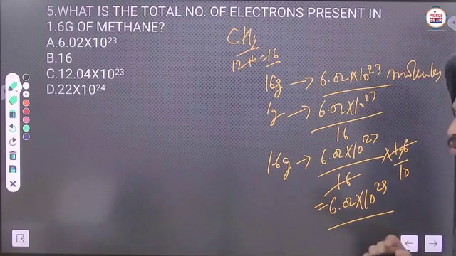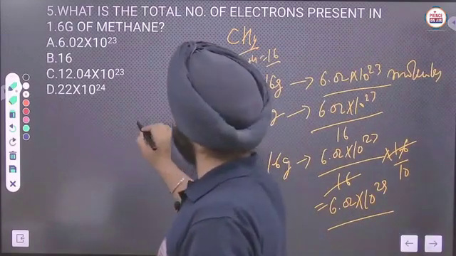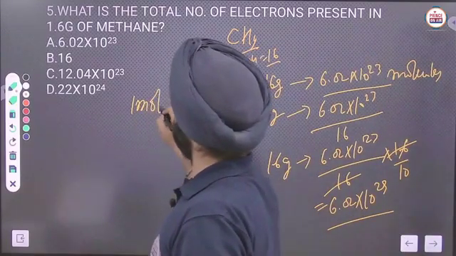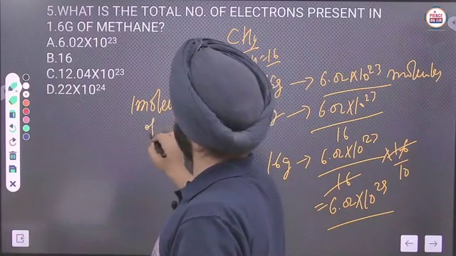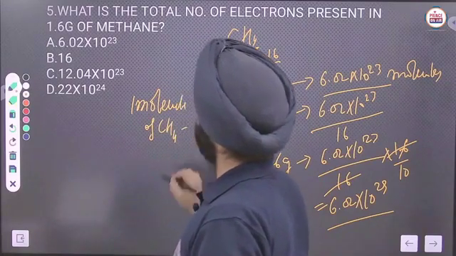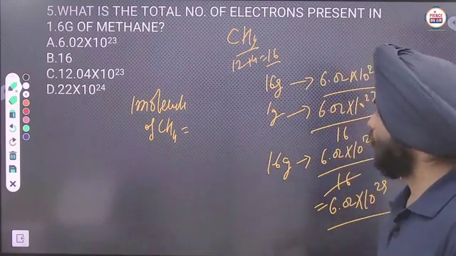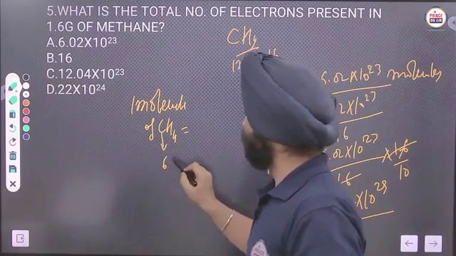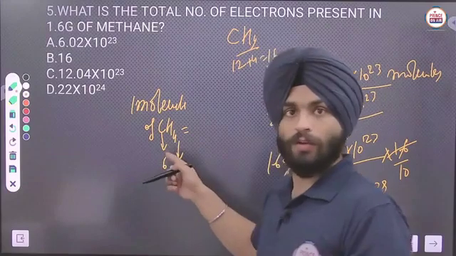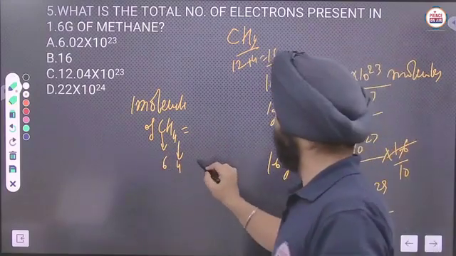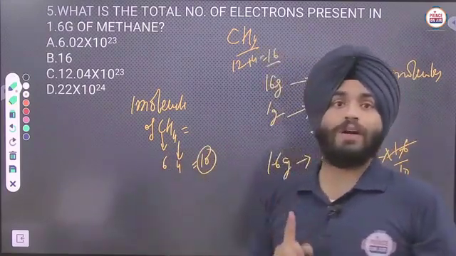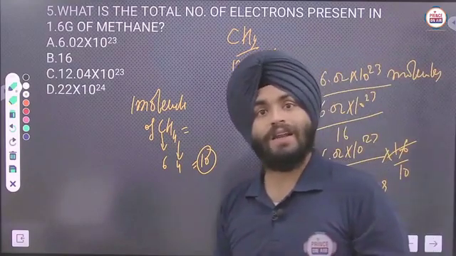Now all of you know that in one molecule of methane, how many electrons will be there? For carbon it will be 6, and for hydrogen it will be 4, each hydrogen containing 1. So it comes out to be 10. This means one molecule of methane will contain 10 electrons.